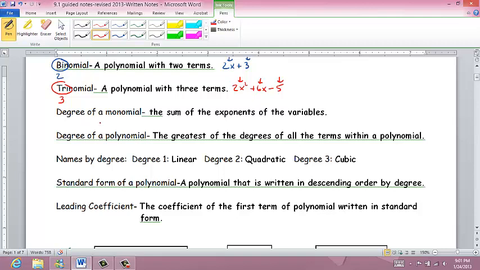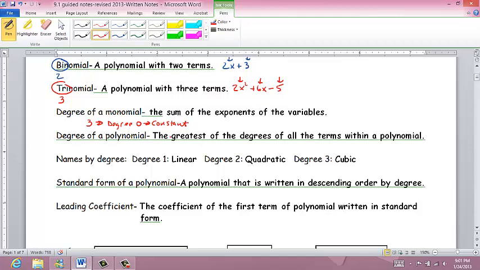Now, a constant is kind of unique. When we say a constant, we just mean a number. This number does not have a variable expression. Therefore, we would say this term 3, since there's no variable expression, would be degree 0, which we name as a constant.